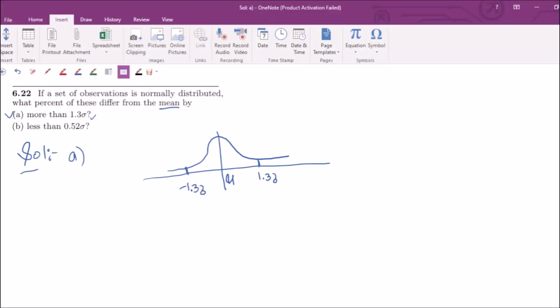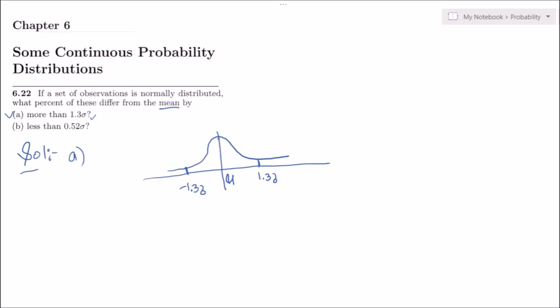You can see that both of them are 1.3 sigma away from the mean. So therefore we have to consider both of them here, because in finding the distance both sides are included.